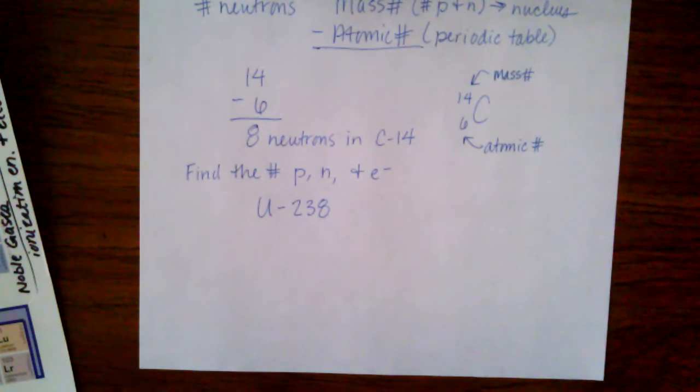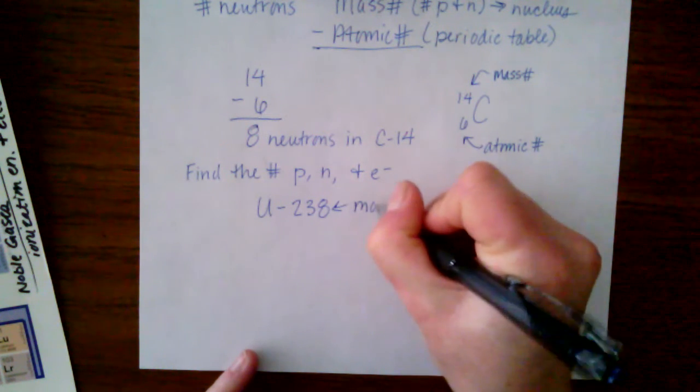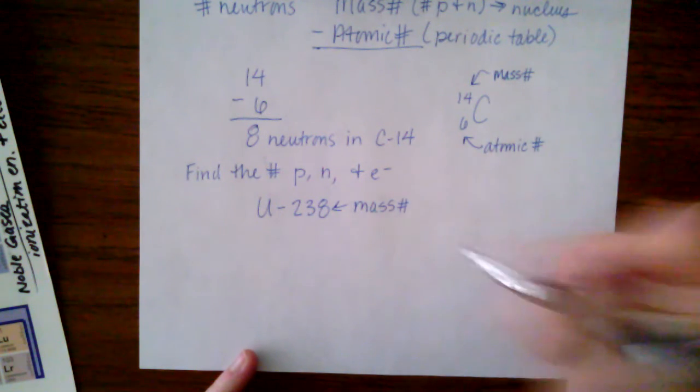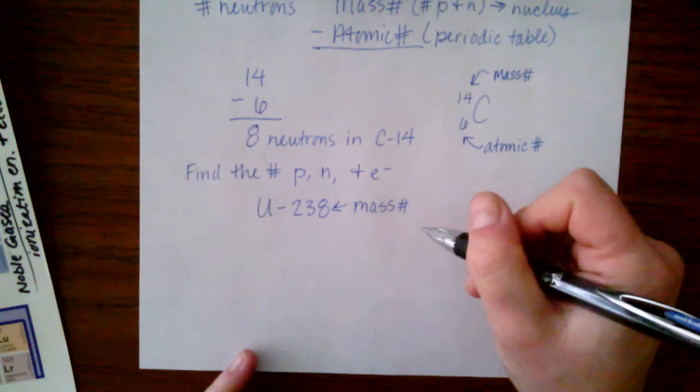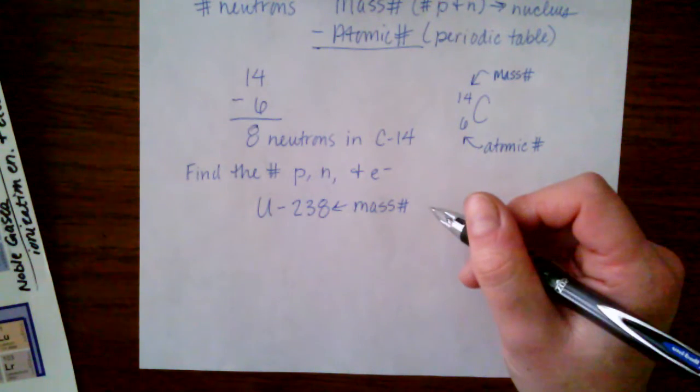Okay, so this is the mass number. So now we need to find the atomic number. Okay, so we're going to look on the periodic table. And we are going to find uranium.